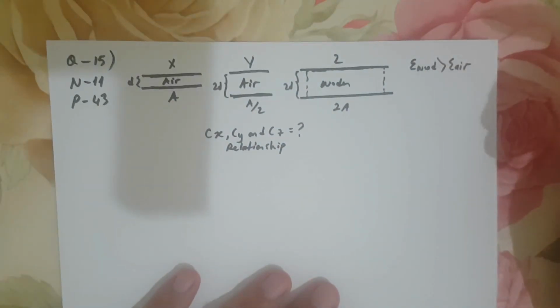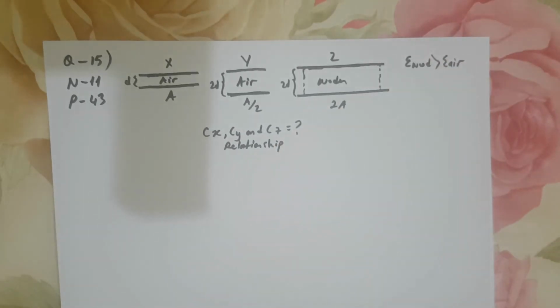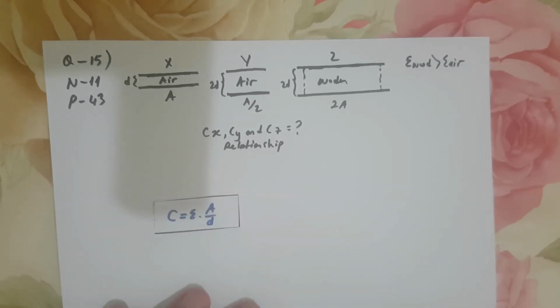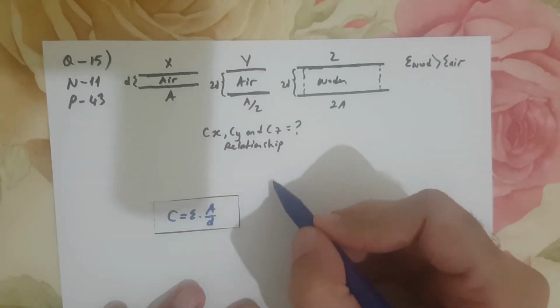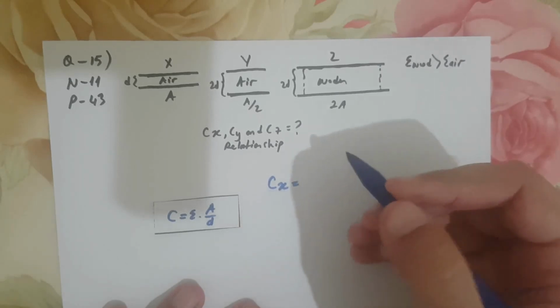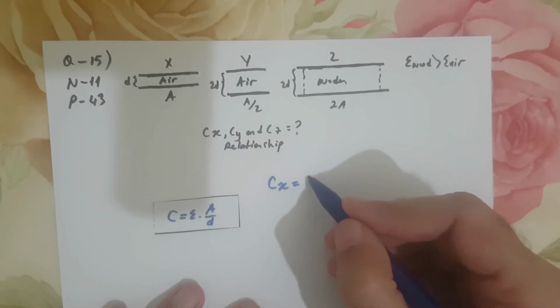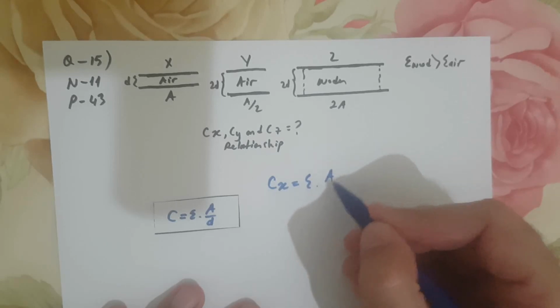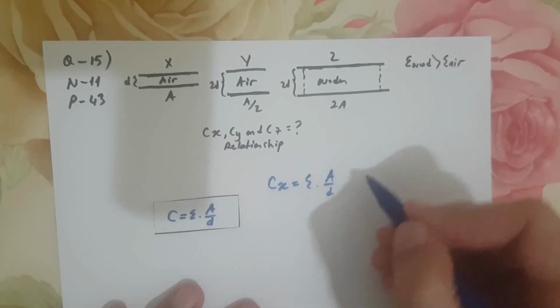In this question, if you know this formula, you can solve. Let's write for Cx. Cx is equal to epsilon times A over D. What about Cy?